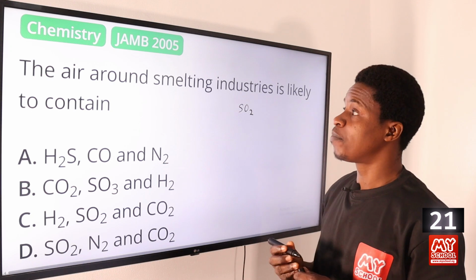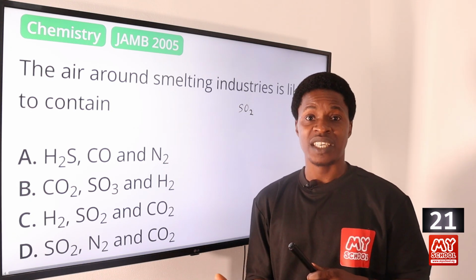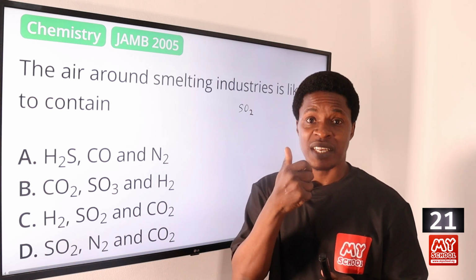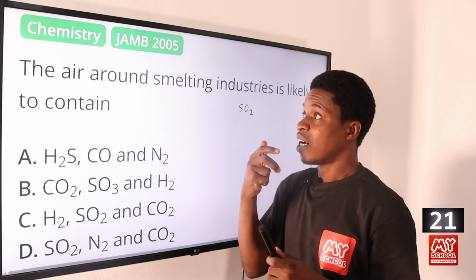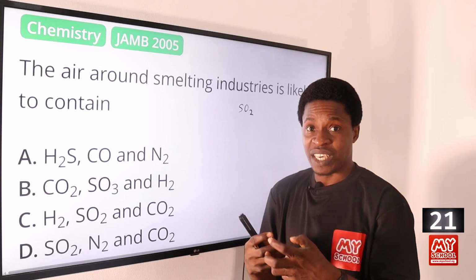Now during the smelting process, we need a reducing agent to reduce the ion, whether it is zinc or whatever substance needs to be smelted, so that we get the desired product.